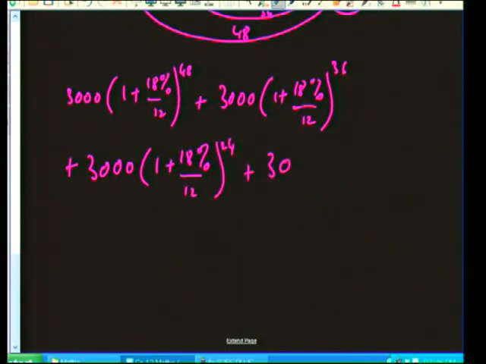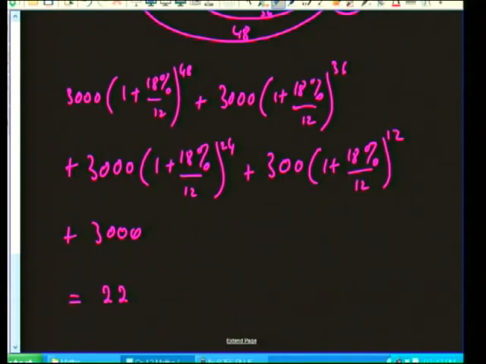And similarly, this one is going to miss out on 12 months of interest. And the last one is going to miss out on no interest. Put that into your calculator, just type the whole lot in, and bang, out is going to pop 22,133 Rand and 22 cents.